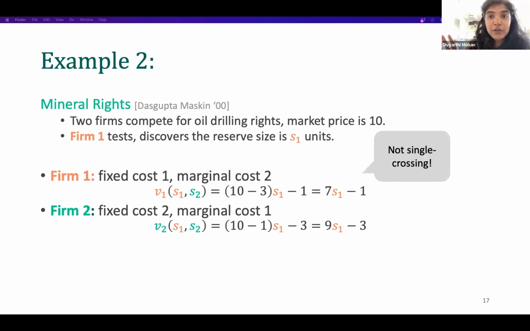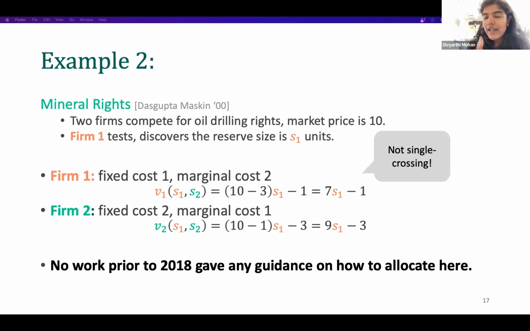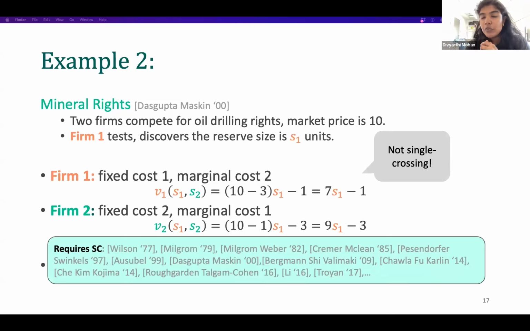And this is a very non-single-crossing example, which was well studied in the economics literature. But until 5 years ago, there had been no guidance on how to tackle such scenarios because they don't satisfy single crossing, right? All the literature before 2018 has really used this strong notion of single crossing and can only give guarantees when there are single crossing assumptions.